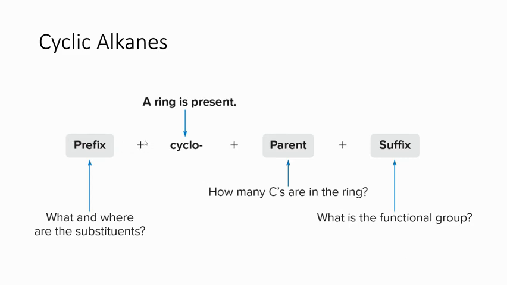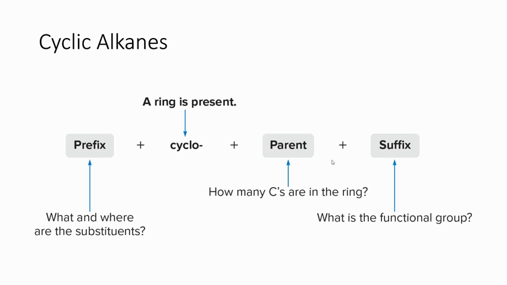Then you're going to add cyclo, so it might be like cyclohexane or cyclopentane. If it has a ring structure, you need to put cyclo in the name. I think that's one of the most missed questions on the test last year. People forgot. They're like, oh, it has 6 carbons, it's hexane. No, you need to make sure that you tell me that it's cyclohexane.